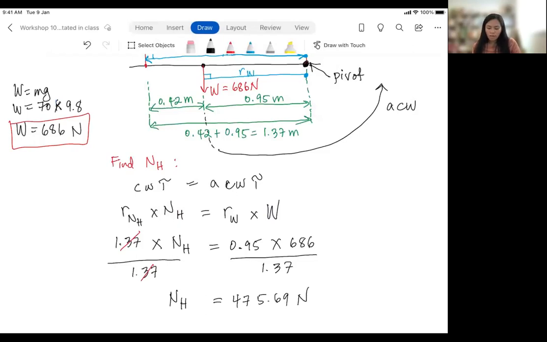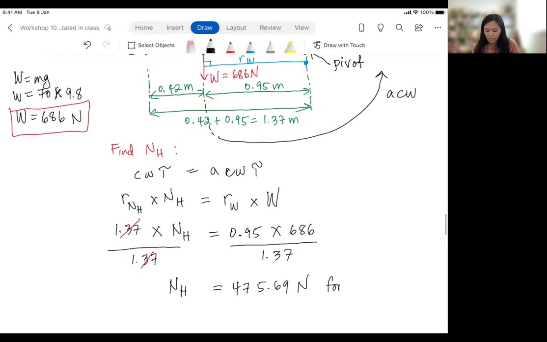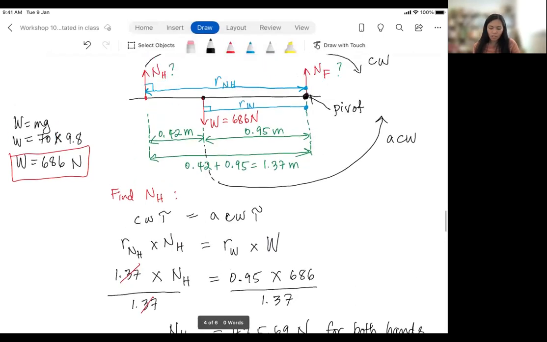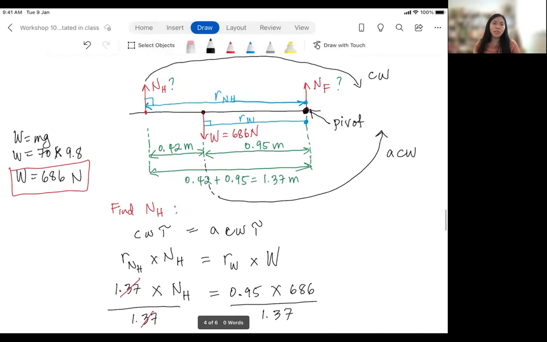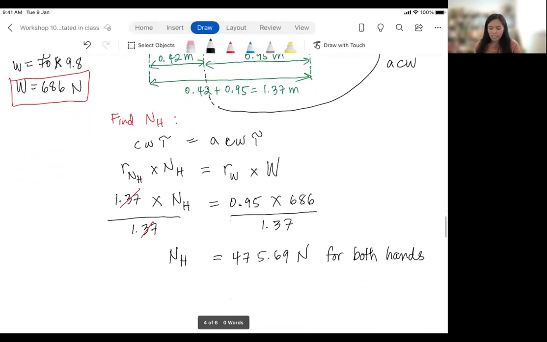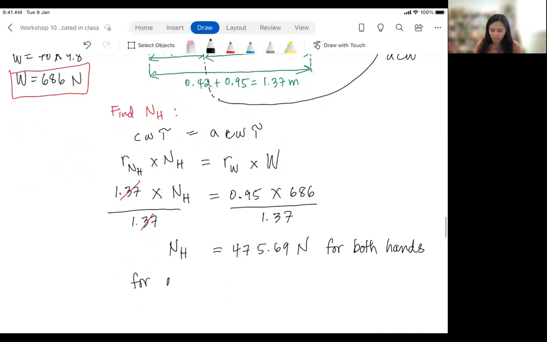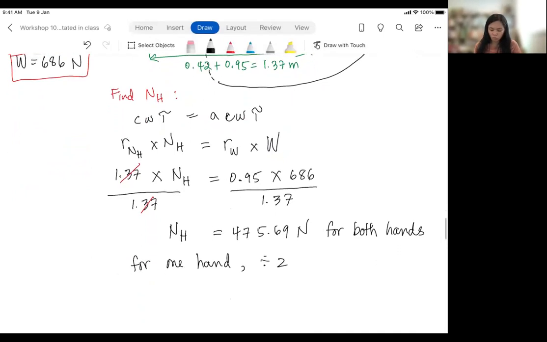This is for both hands, because this NH force supports both hands. For a single hand, simply divide that NH by 2.